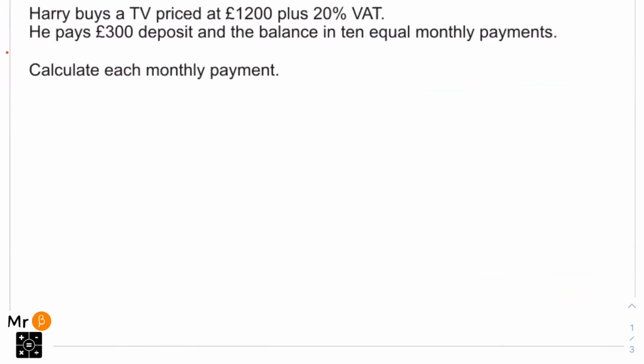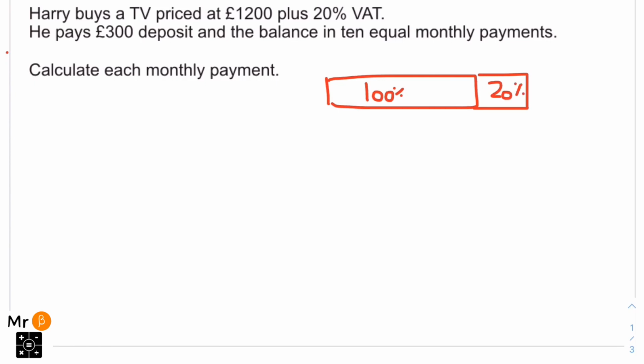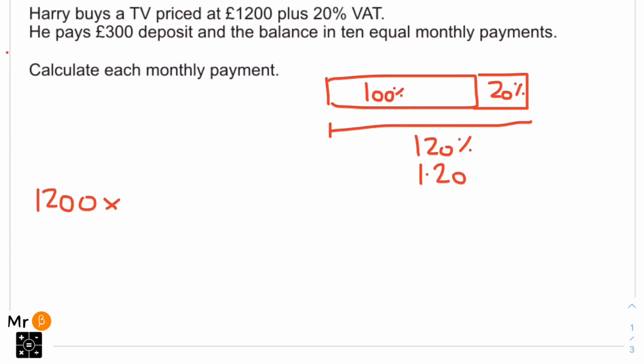Our next question, this one's got two parts. So first of all, we again start by drawing our bar, and we want to work out what this VAT of 20% is. So we know we need to work out what 120% of our original price is. Our original price is 1,200. We then multiply it by our increase multiplier, which is 1.20.